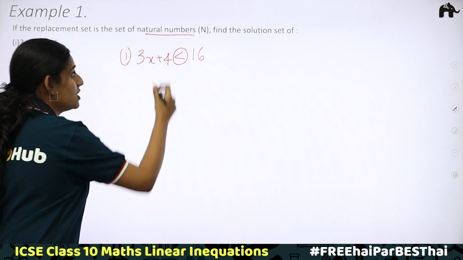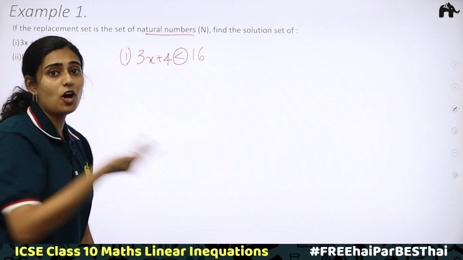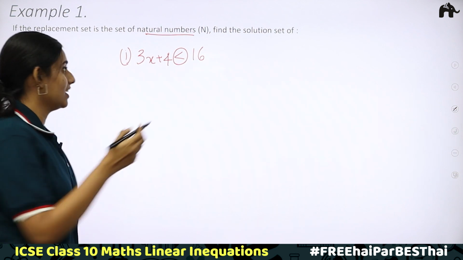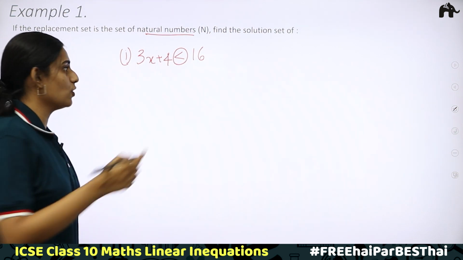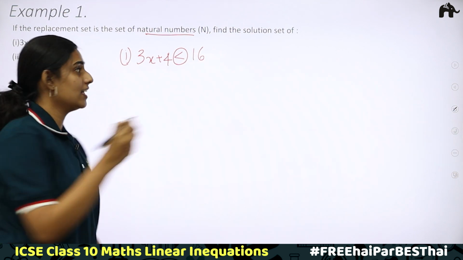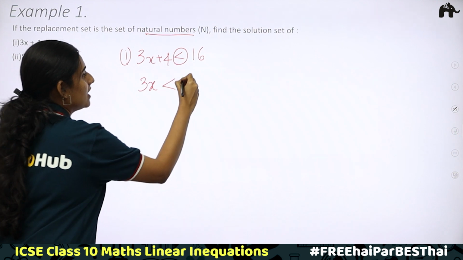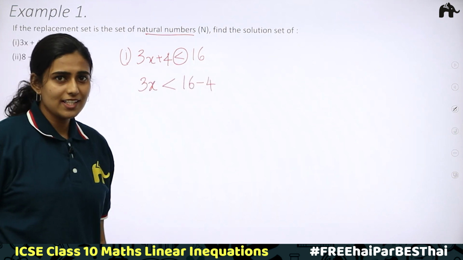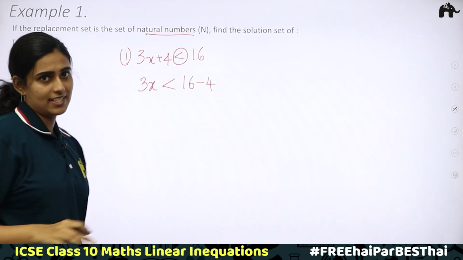That is, when you shift a positive number from one side to the opposite side, there is a shift in sign. Here we have plus 4. Plus 4 becomes minus 4 when it is taken to the right hand side. We will get 3x less than 16 minus 4. Does the inequality change? In rule 1, there is no change in inequality.